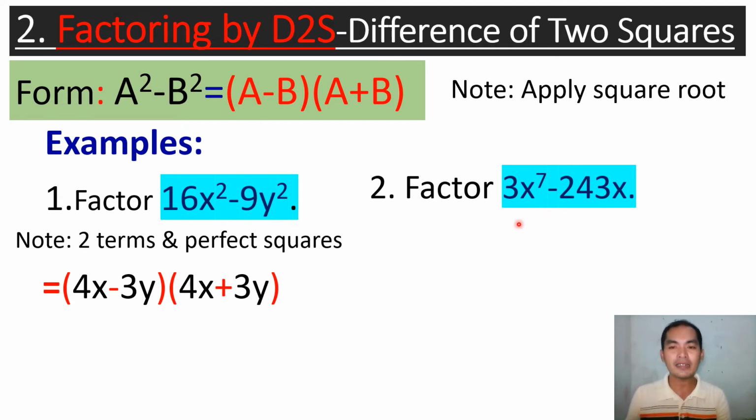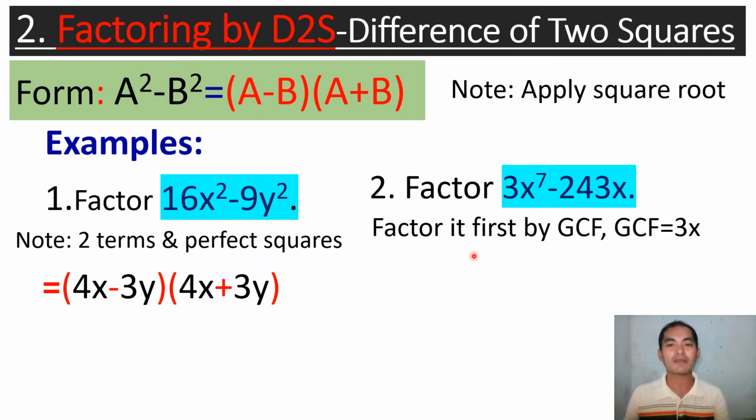Now, in factoring, ang una ninyong tatandaan ay laging uunahin ang GCF. Baka pwede siya i-factor by GCF. Now, in this case, may GCF siya na 3x. Common yung 3 sa dalawang terms at common yung x sa dalawang terms. So, we factor it first by GCF.